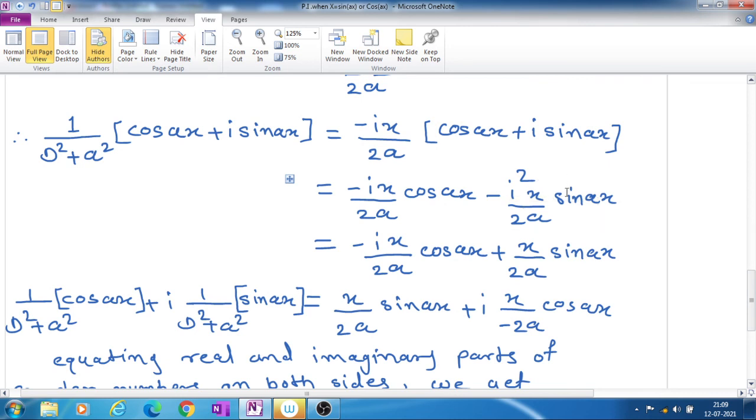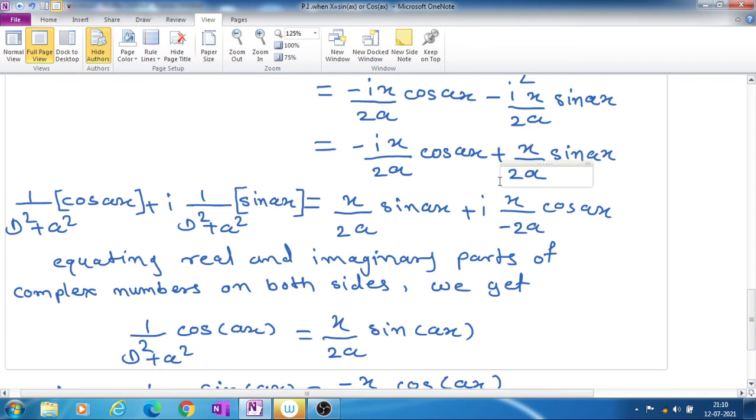Again this minus i square is equal to minus minus 1, so it becomes plus. So first we write this plus term and then this minus term, or rather the real term first and then the imaginary term. So x upon 2a sin ax plus, I have written plus here but I have given a minus sign here, so plus i into x upon minus 2a.